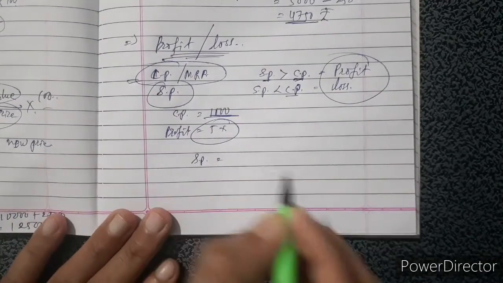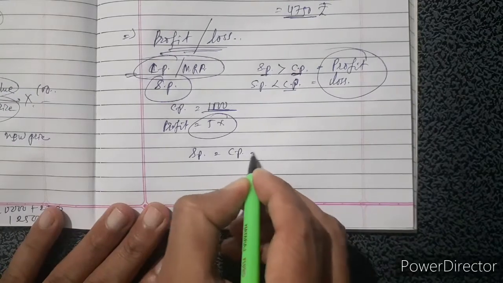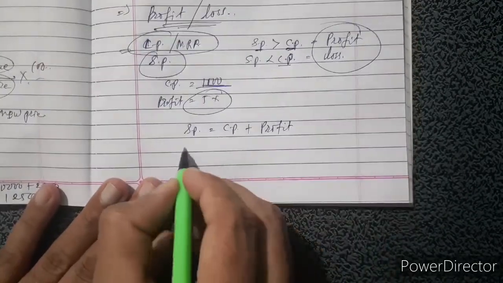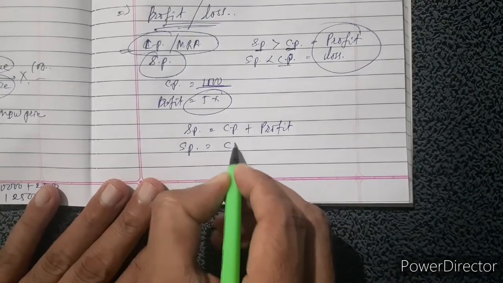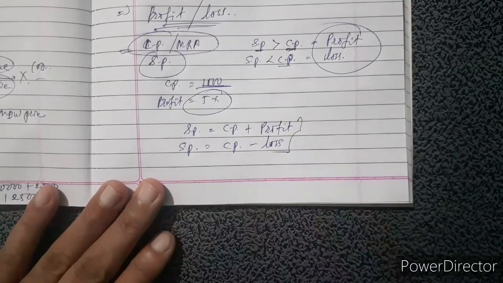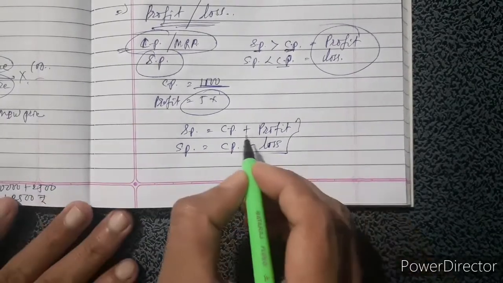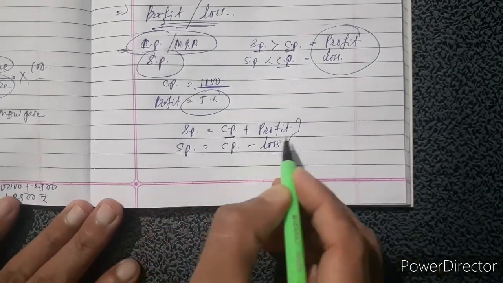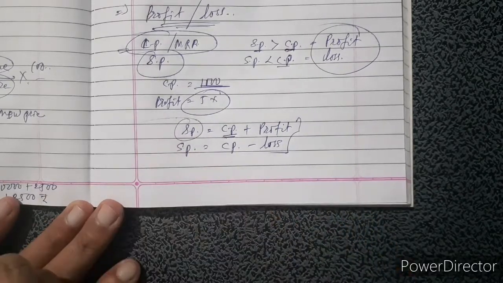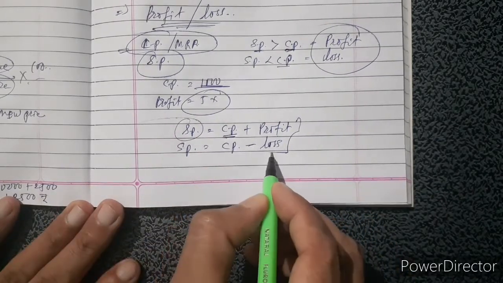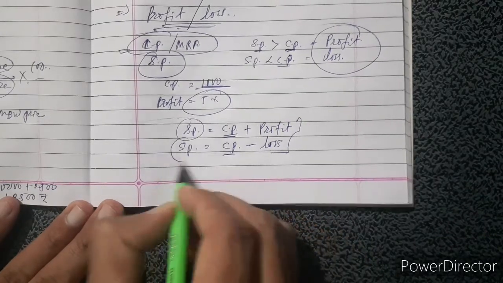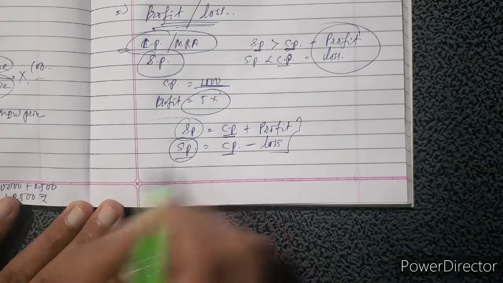SP equals CP plus profit if you get profit, and if you have loss, CP minus loss. Means when you get profit, you add that amount to cost price to get selling price, and if you have loss, you subtract that amount from CP to get SP, selling price.